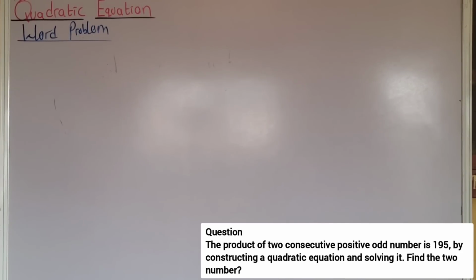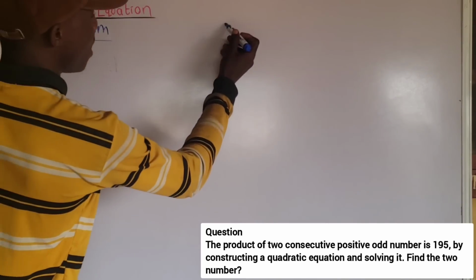So let's start. The product of two consecutive positive odd numbers. Now pay attention to that statement: positive odd numbers. What are odd numbers? The difference between two consecutive odd numbers is 2. Let's say that the first odd number is 1.